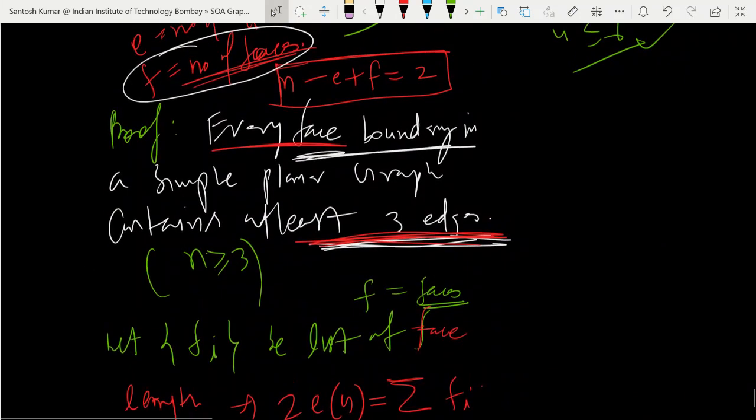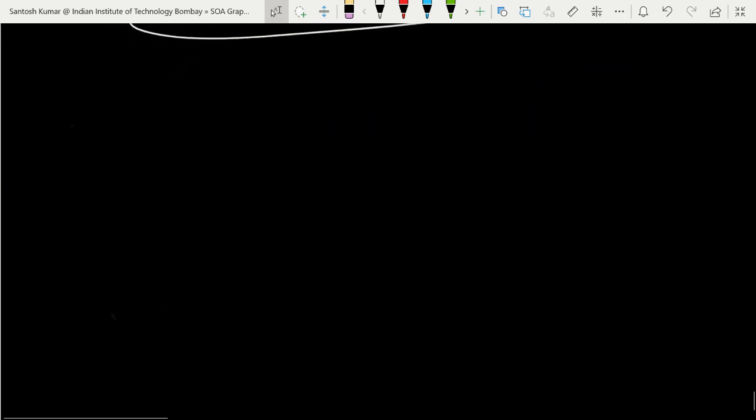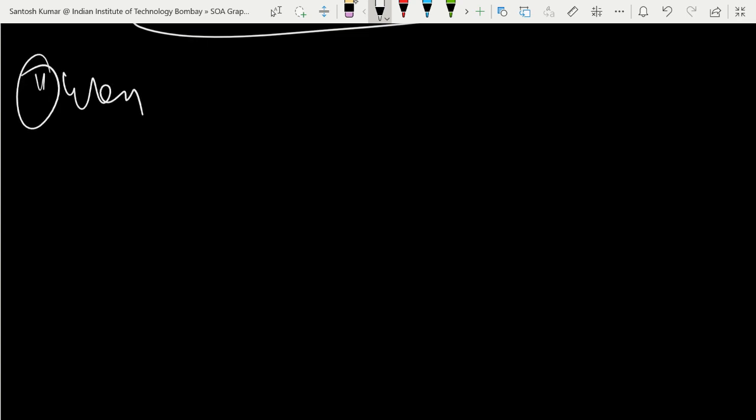I started with: every face boundary in a simple planar graph contains at least 3 edges, but this graph is triangle free. If 3 edges are bounding a region, it means it is a triangle. But we are talking about triangle free graphs. So in such graphs, it will have more than 3 edges, meaning at least 4 edges. So this is the second part of the proof.